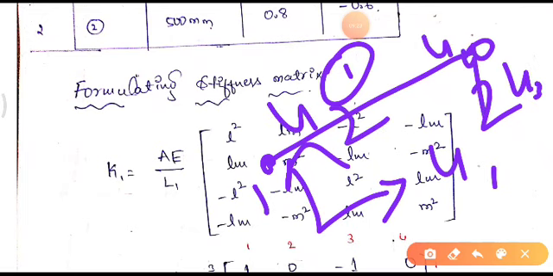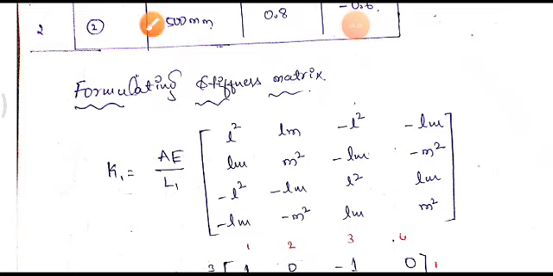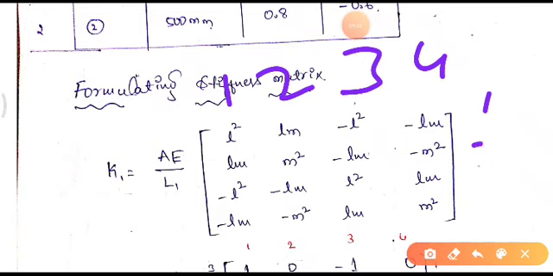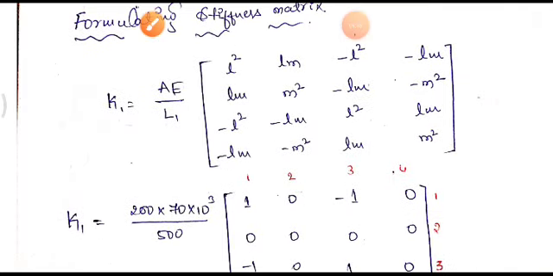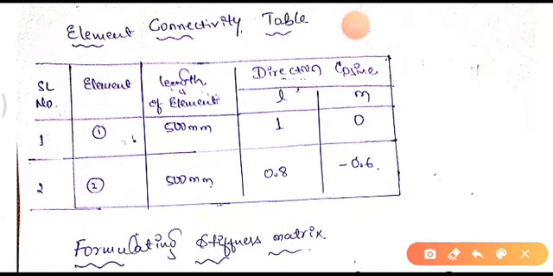So this element is connected between 4 displacements, so we can write here 1 2 3 4, 1 2 3 4, because single element, two nodes, each node has 2 displacements, so we have 4 displacements. So these direction cosines L and M for the first element are determined over here, 1 and 0.